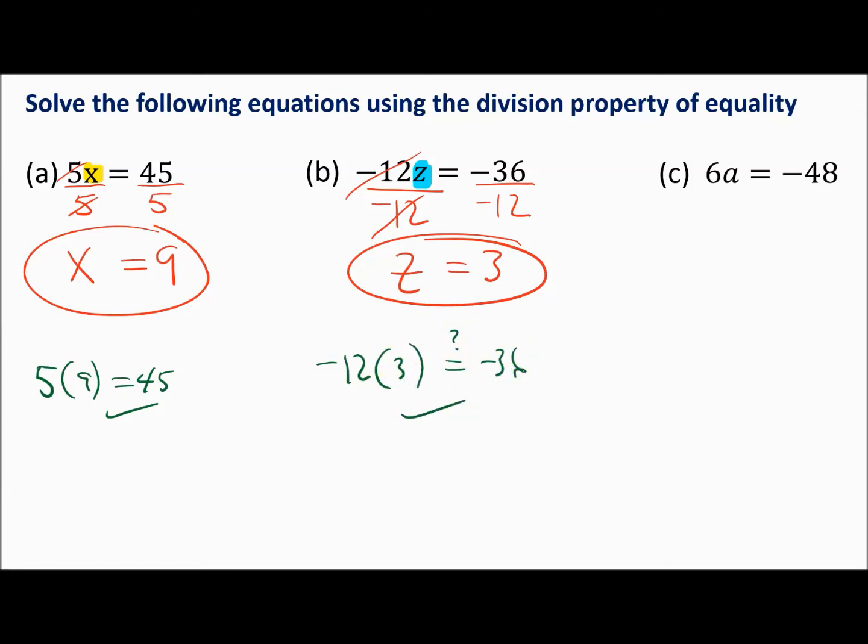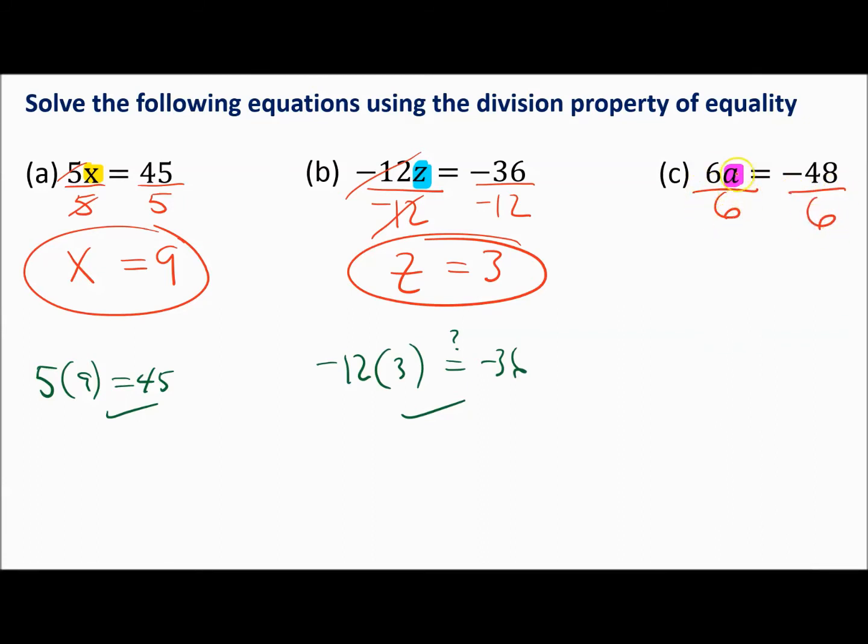Well, it certainly is. And then the last one on this page, again, I'm trying to isolate this a. I want that a by itself. Well, you should always ask what's happening to the a as it sits there. If you don't, you're going to make mistakes. What's happening is there's a 6 times it. What's the opposite of multiplying or times? It's divide. So I'm going to divide by 6.